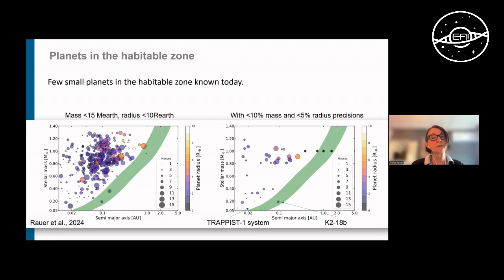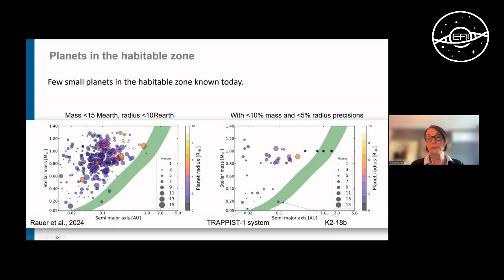The green band is the position of the habitable zone. And we see the green band moves to the left. That means the habitable zone moves closer to the star for smaller and cooler host stars. All these dots in the diagram are known extrasolar planets up to 15 Earth masses.